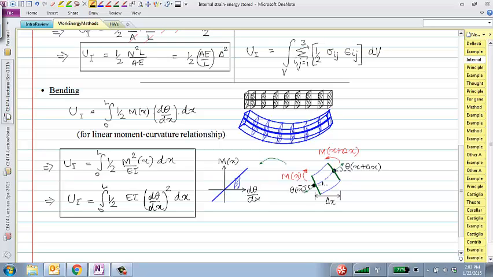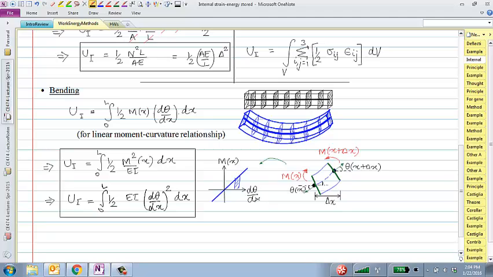They're all equivalent expressions, but the benefit of the boxed ones is that for a beam, if I know the bending moment diagram, if I know the M as a function of x, immediately I can calculate the internal energy stored in the beam. You tell me what the bending moment diagram of this beam is, I can tell you what the internal energy stored would be.